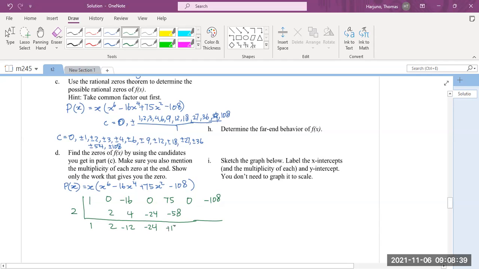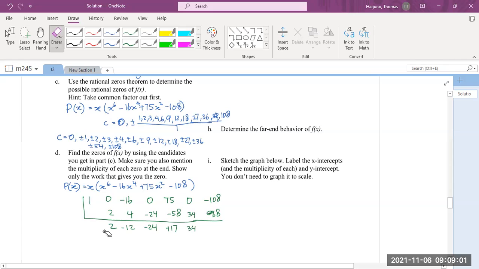This is positive 17. It's not, huh? Positive here. Oh, it's not. So 2 is not a zero.